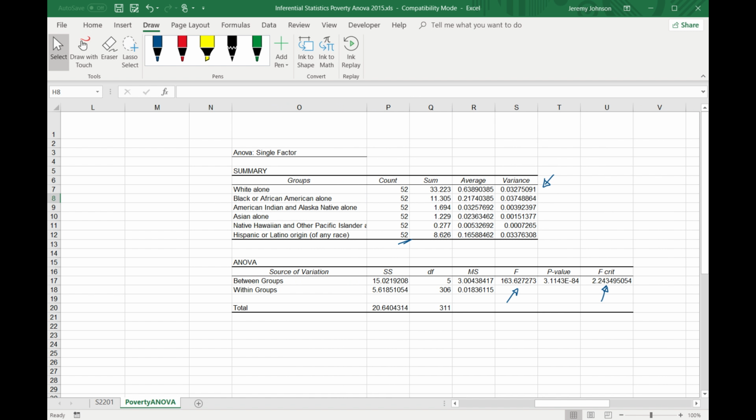We have a null hypothesis, so it says all of these are the same. And if you find that F critical here is less than your actual F statistic, then you have to reject that and say, well, at least one of them is different.